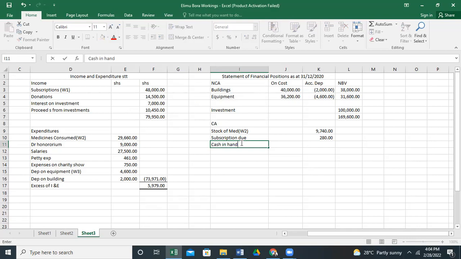Remember, we order current assets in order of liquidity, starting with the most illiquid to the most liquid. That's why I put the due before the cash in hand. A cash in hand is 37.75, right? I'm trying to see whether I have any other current asset. I don't see any other current assets, so I'll add this for now. 13,795.